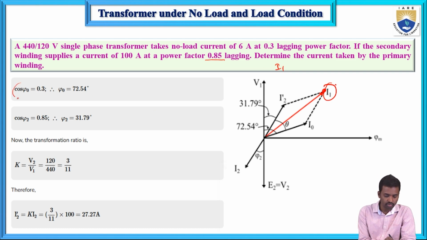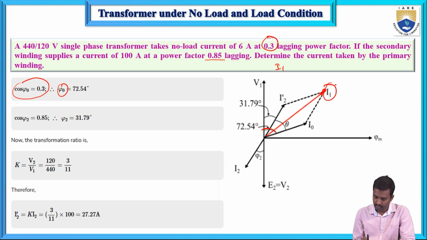Now cos phi naught, the no load power factor, equals 0.3, so phi naught equals 72.4 degrees. This is the angle between V1 and I0. And cos phi 2 equals 0.85, that equals 31.79 degrees. This is the angle between I2 dash and V1.